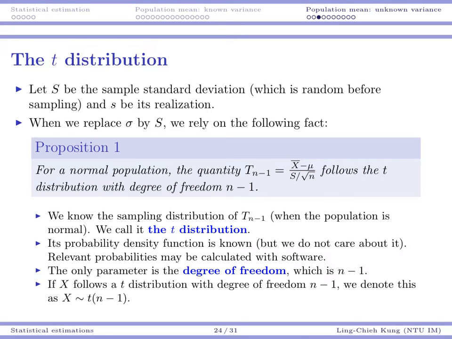With some probability you are going to get this value, with some probability you are going to get that value. The value may be different from sample to sample. So this formula gives you a random variable. Let's call it capital T with a subscript n minus 1.